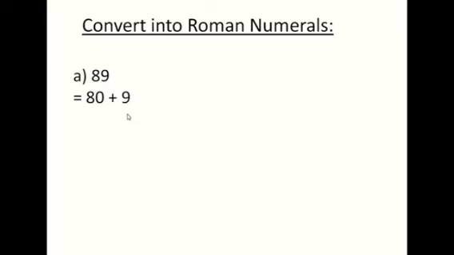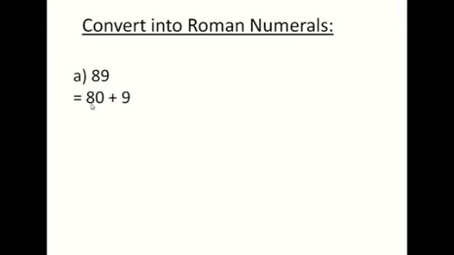Now what to do? Now we will express 80 in Roman numerals and also 9 in Roman numerals. The plus sign will be as it is. So for expressing 80, if you remember what you have done, you can write directly. But if you cannot, you can express 80 as 50 plus 10 plus 10 plus 10. So you can very easily express 80 in Roman numerals.